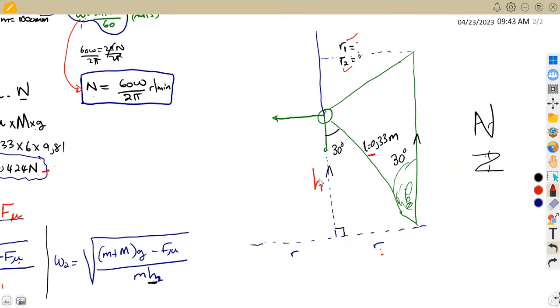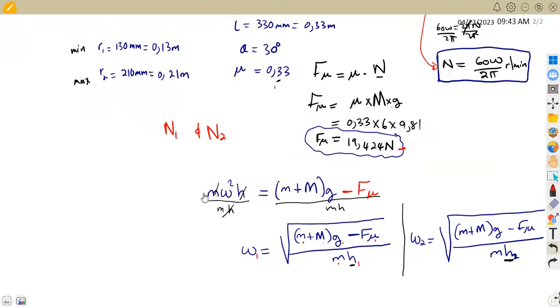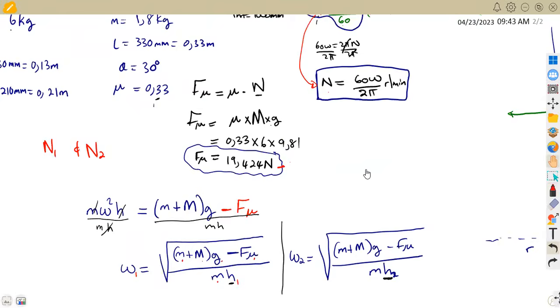This height here is determined according to the first radius or the second, if you are given two radii. That is the use of these radii, the minimum and the maximum. They are going to help you to calculate the value of h.